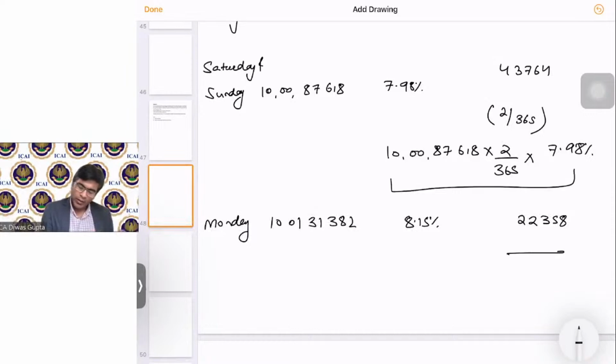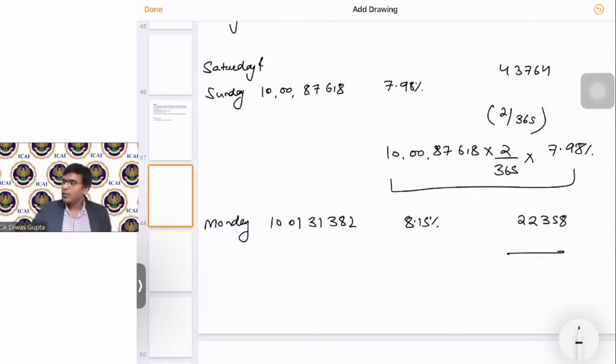And if I take a total here, so this question is really calculation intensive. Perfect.